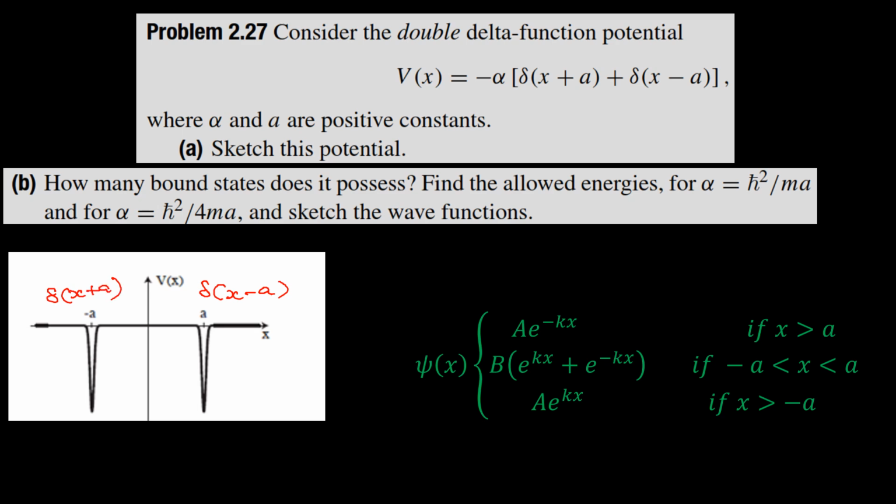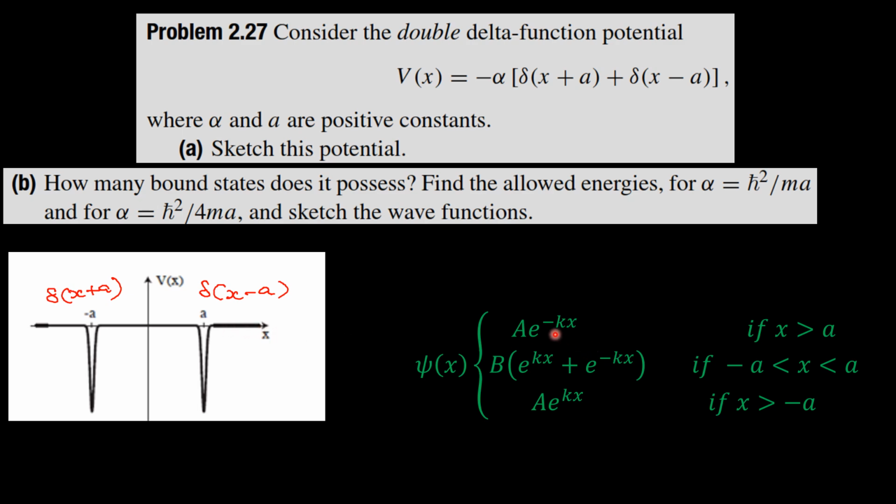So the wave function psi of x, we can straight away write in a simple manner. If x is greater than a, that is outside the delta potential, after this delta potential, since x is positive, you have the solution A e to the power minus kx, because it will go up to infinity.